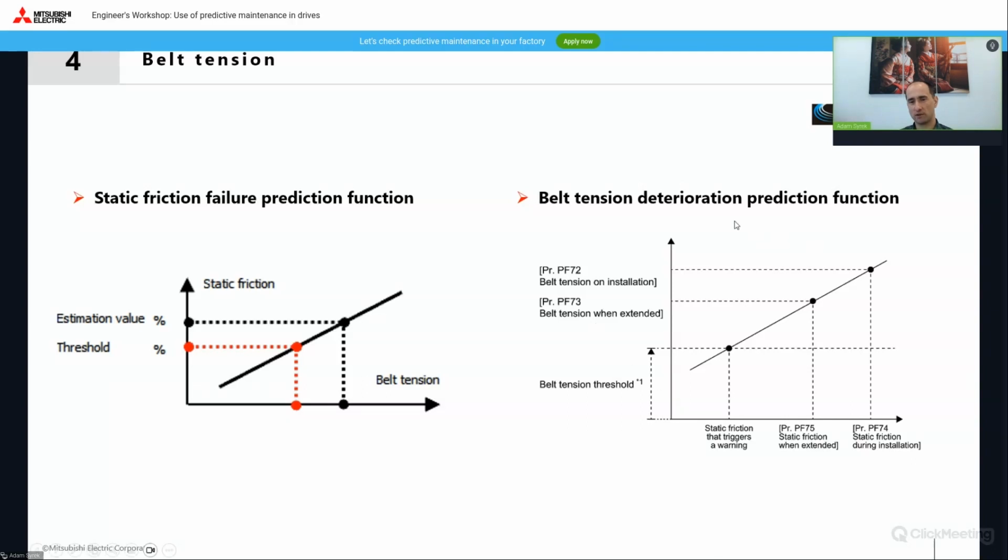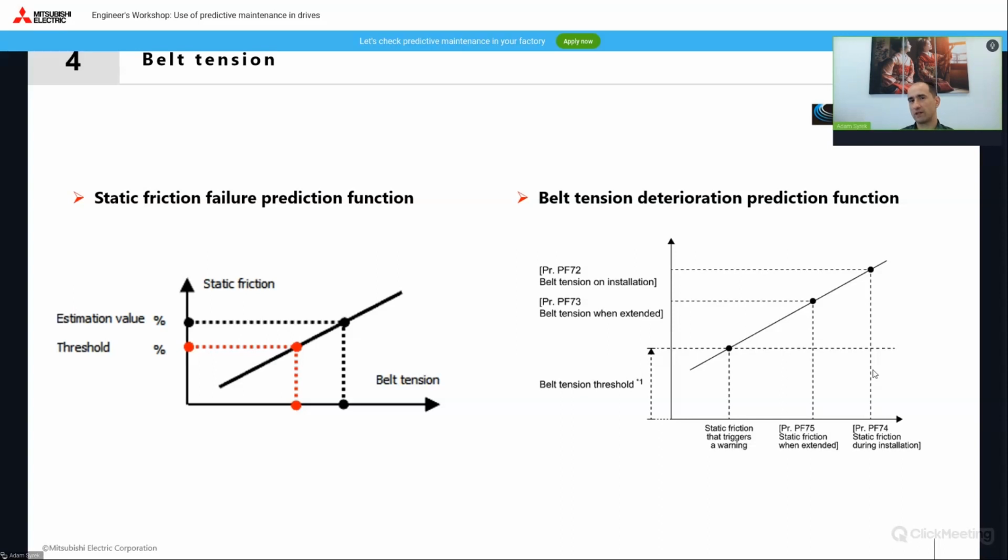But the second option is a function called the belt tension deterioration prediction function. In this functionality, using 4 parameters, we can set up the relationship between the static friction and belt tension. After that, the amplifier estimates the tension of the belt, and we can set the limit value of the tension in the parameters.